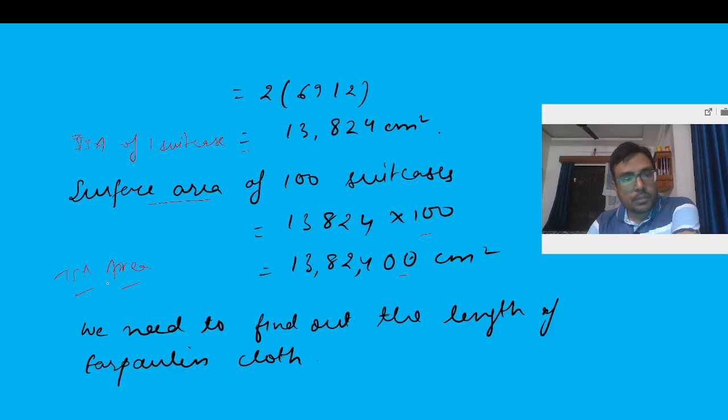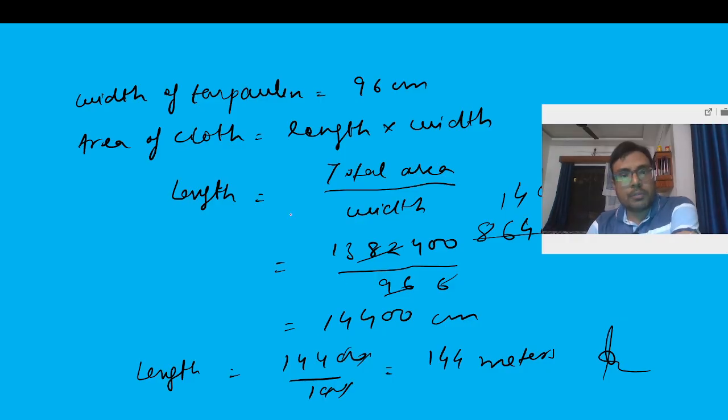Total surface area, this is the area of tarpaulin required. So tarpaulin is length into breadth. You need to find the length of the tarpaulin. So width of tarpaulin is given 96. Area of cloth you have found earlier for 100.